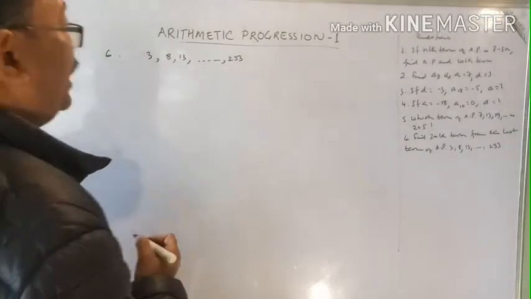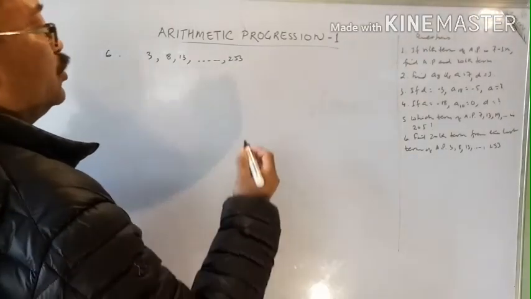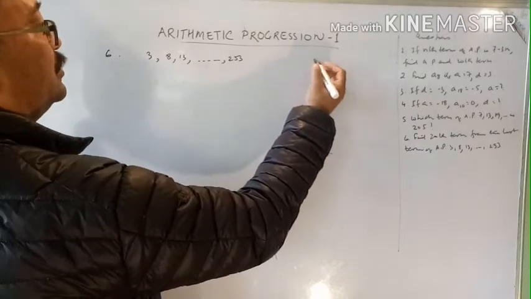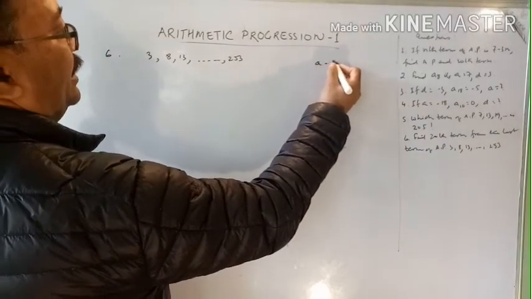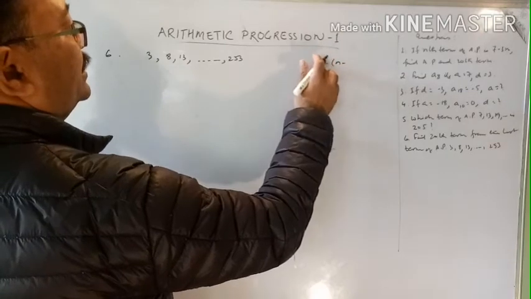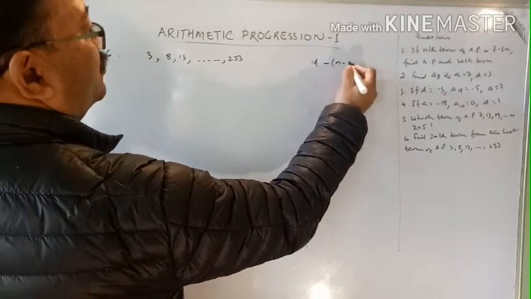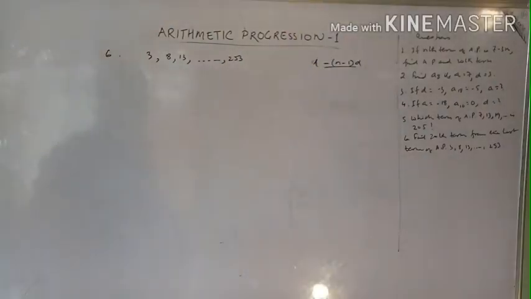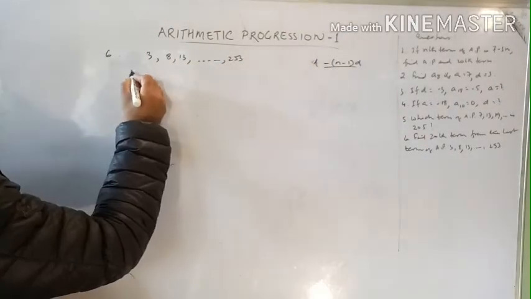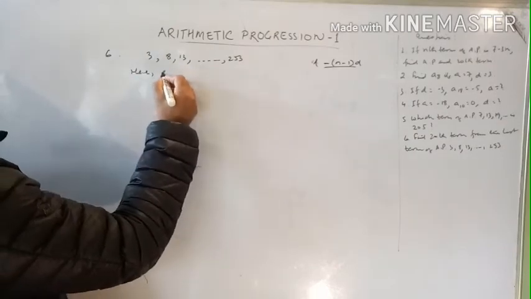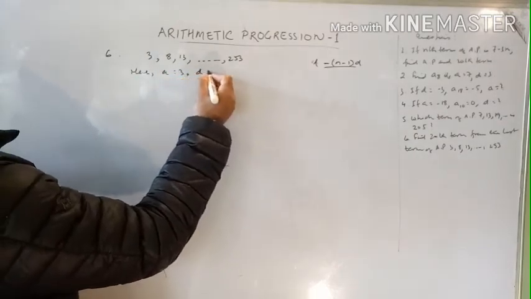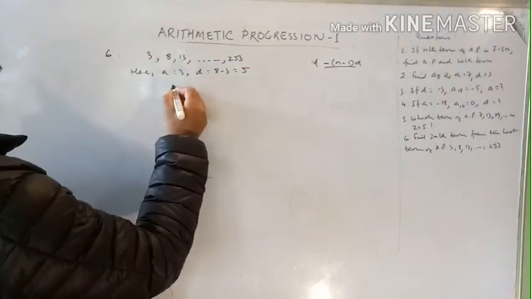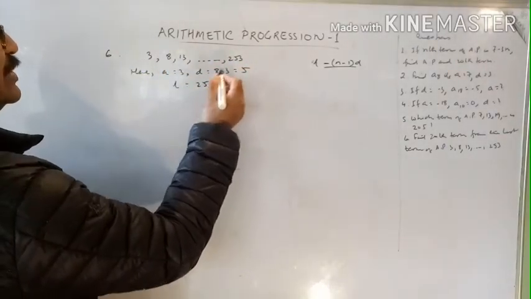We have a formula for that. The nth term from the end is l minus n minus 1 into d. Here, A equal to 3, d equal to 8 minus 3, that is 5, and l is equal to 253. This is the last term.